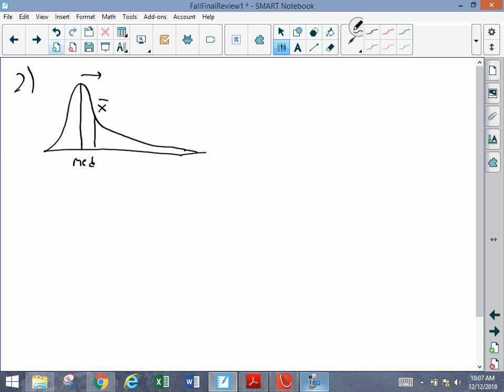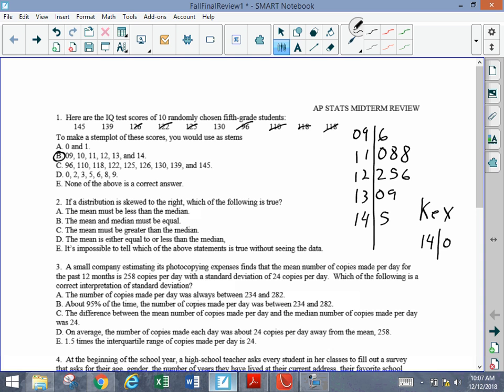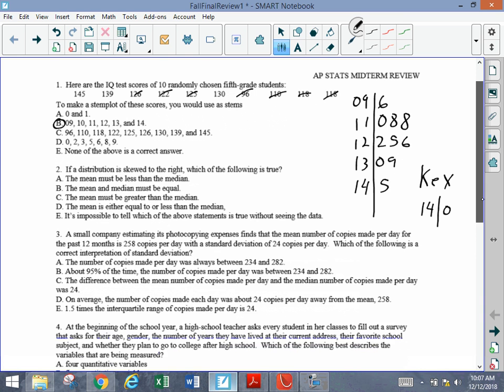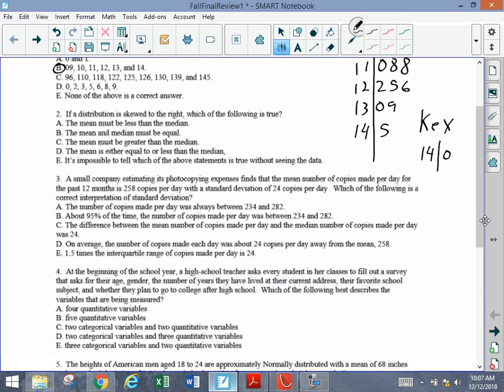So the mean is less than the median. No, definitely not. The mean is great.